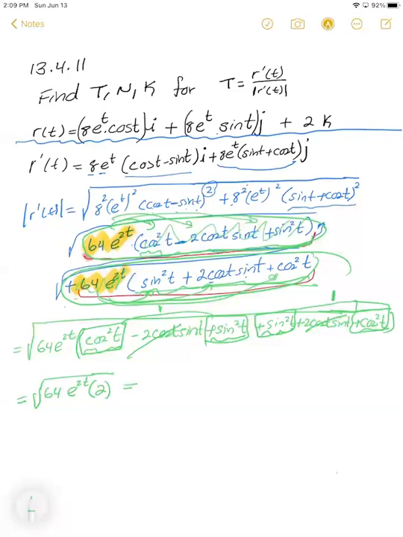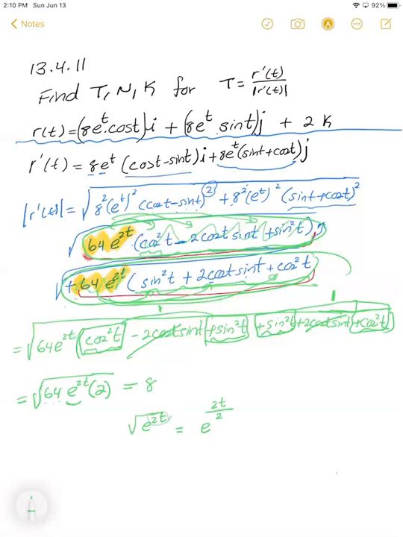Now, if I want to simplify this, instead of multiplying 2 by 64, I just look for the square root of 64, which is 8. I find the square root of this factor, which is the square root of e to the power 2t. If I write it in this notation, instead of having a radical, I'm just going to write it as a fractional exponent.